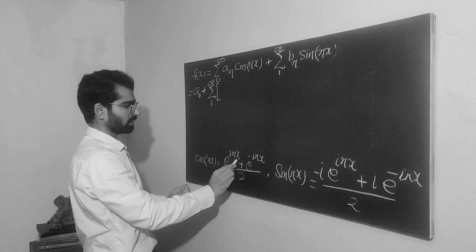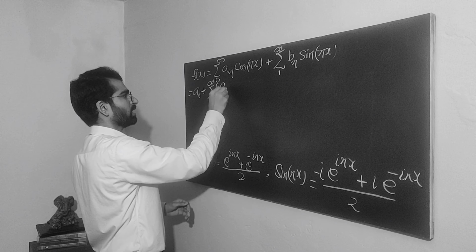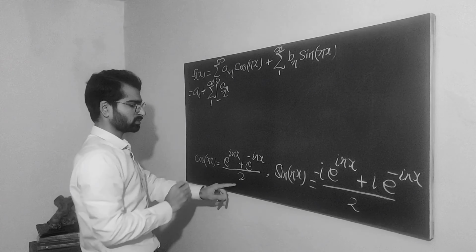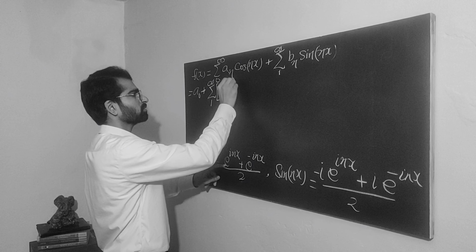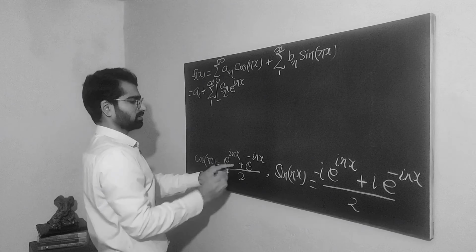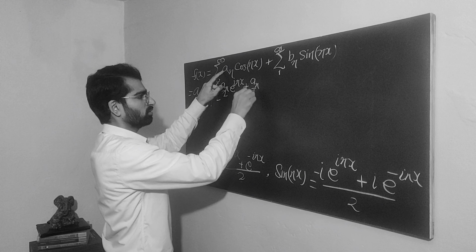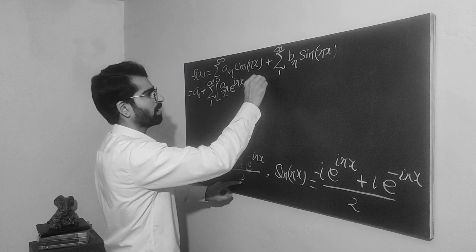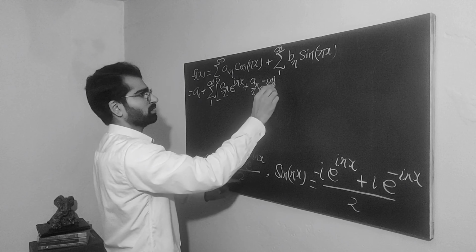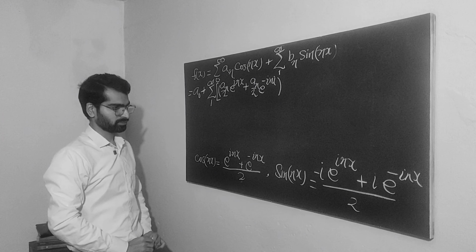An will come here and here, then I separate them two. So I get An over 2, these two, times e to the I n x plus An over 2 times e to the minus I n x. And I put them into the brackets.